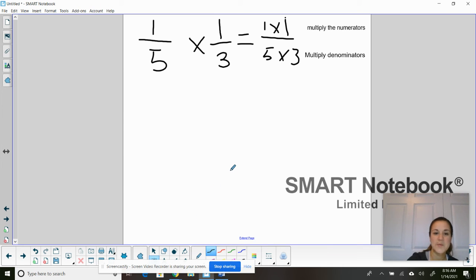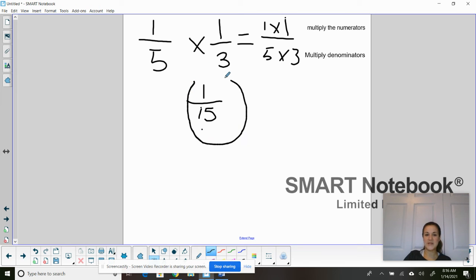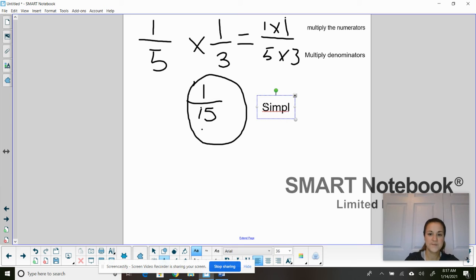So now 1 times 1 is 1. 5 times 3 is 15. So we check and see, can this be simplified? But if we have a 1 on top, we already know that it cannot be simplified. So the answer is just 1/15. We attempted to simplify, but there was nothing that we could simplify. So you could put simplify here, but it's already in its simplest form.